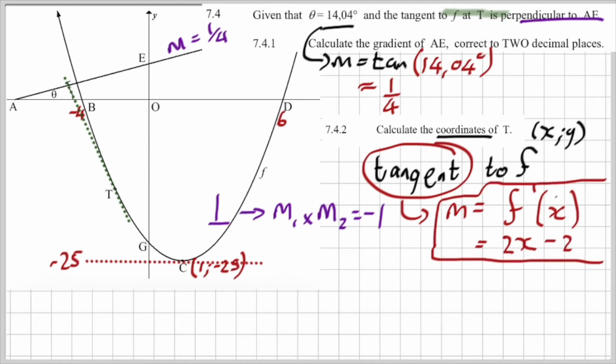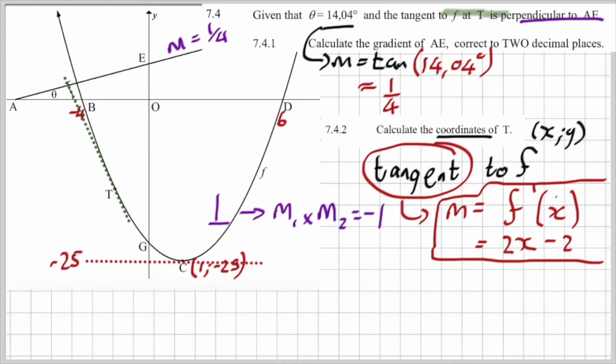But first of all, let's get an expression for the gradient of the tangent. Doing my derivative, I've got 2x minus 2. I got that on the previous slide as well. But now I need an actual value for the gradient. Why? Because the question says coordinates, so I need an x and a y.